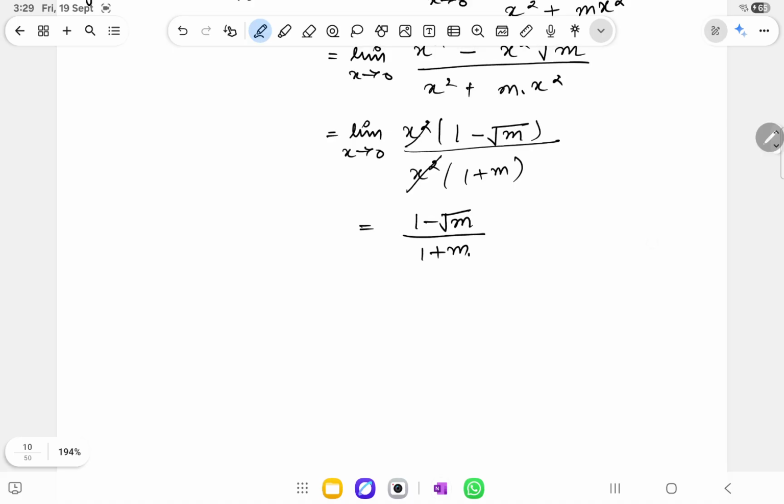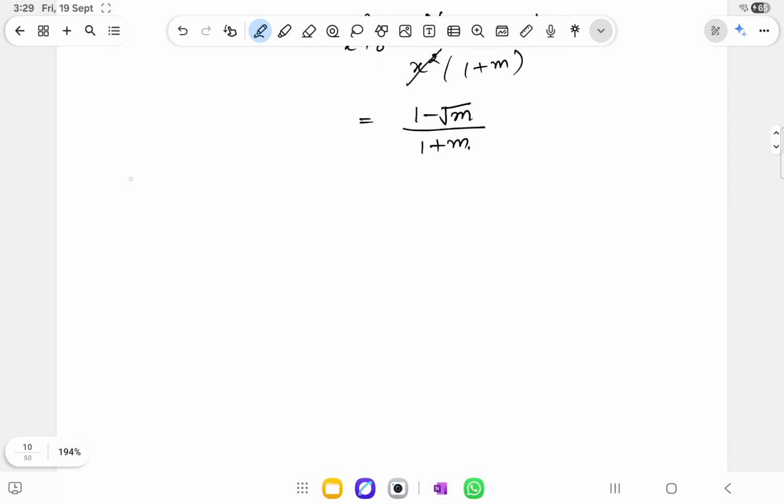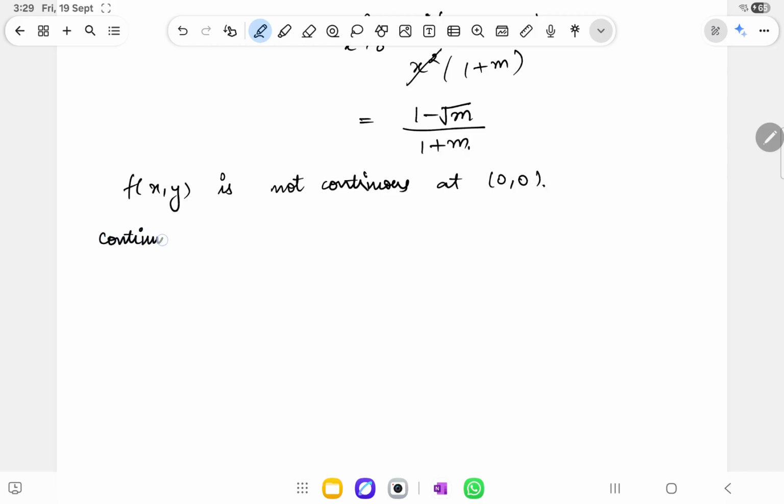So this limit is basically dependent on m, so we didn't get a unique limit. So if we choose a different path, we'll be getting different limits. So this basically shows that the function f(x, y) is not continuous at 0 comma 0, and we know that continuity is a necessary condition for differentiability.